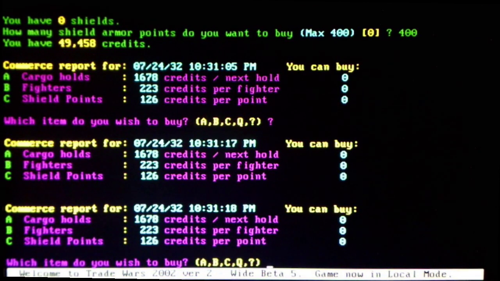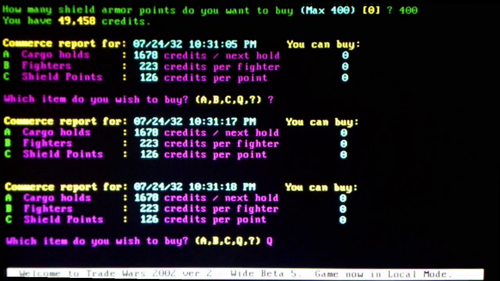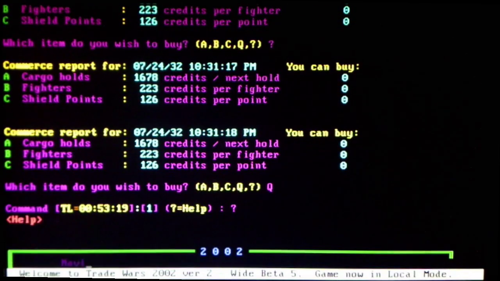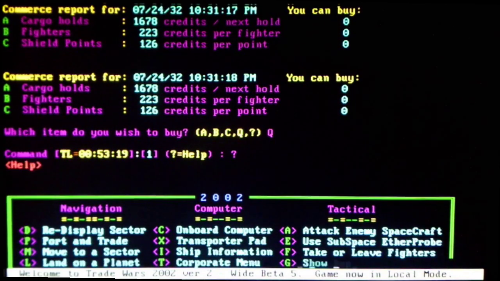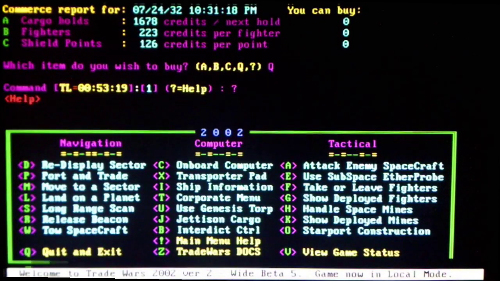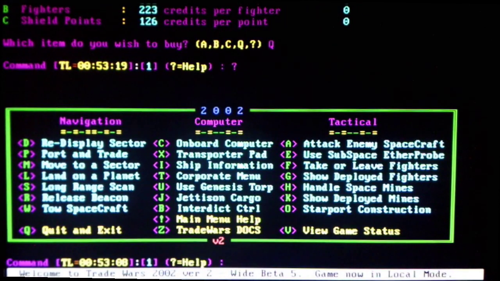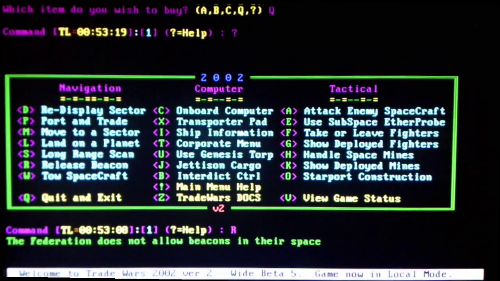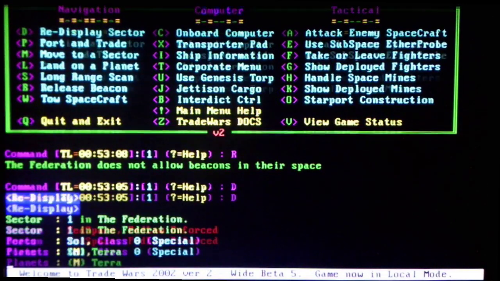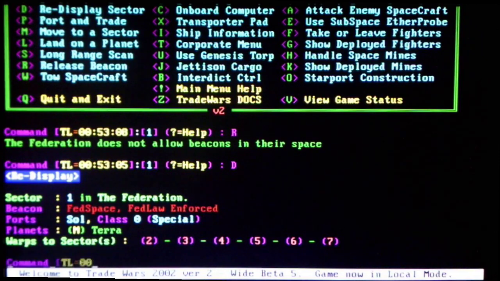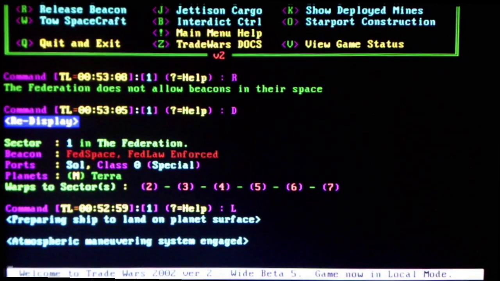Those are my options. So I've got everything I can there. And let's take a look. We're going to redisplay the sector and see what kind of things we have here. Oh, sorry, D. That's a special port. So let's land on the planet, see if we're allowed.